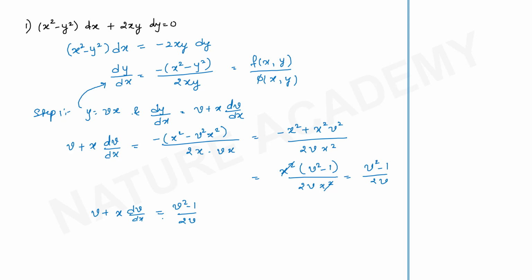If you see carefully, this is a variable separable differential equation form. You have to just now rearrange it and then you can proceed with the working rule for variable separable form. So if you rearrange it, you can write it as x into dv by dx is equal to (v square minus 1) by 2v, taking that v to the right hand side.